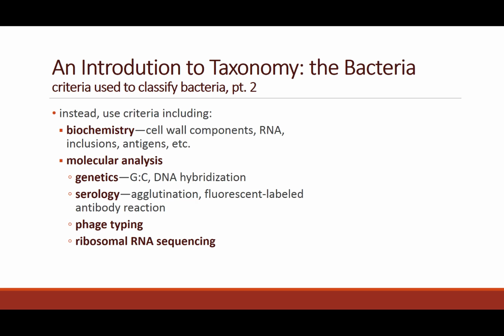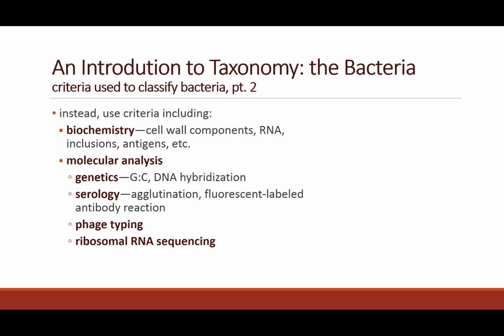Serology, so that's a term related to immunology. So the use of antibodies to look for specific proteins or specific sequences of amino acids. The phage typing work that we can do. And then, looking at the RNA and the ribosome.